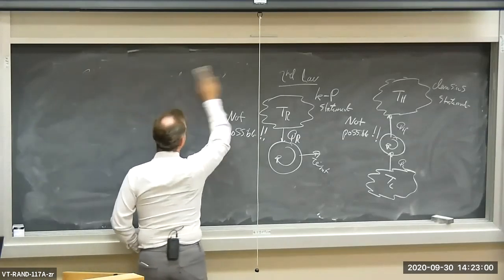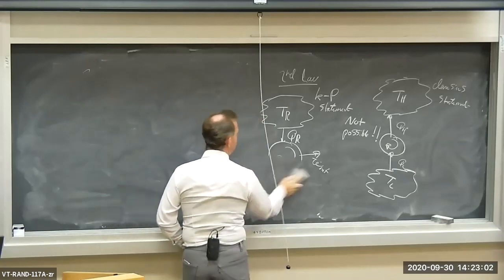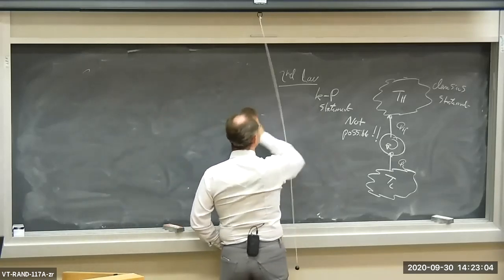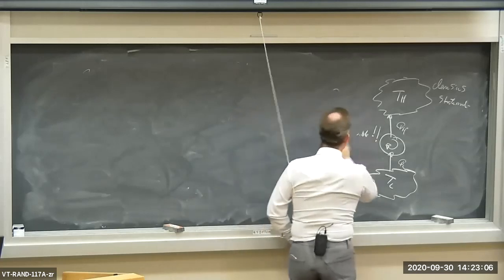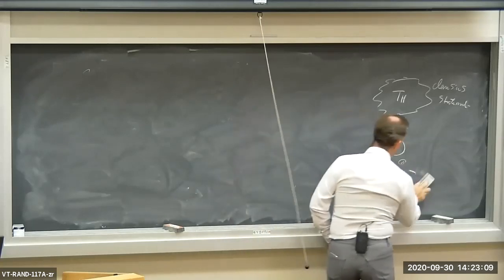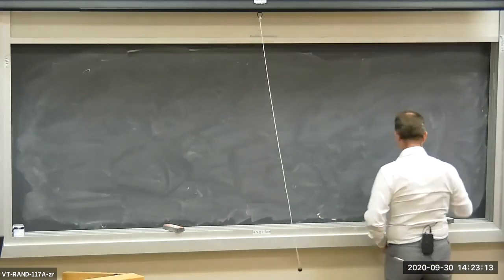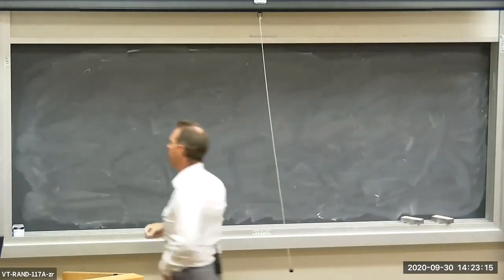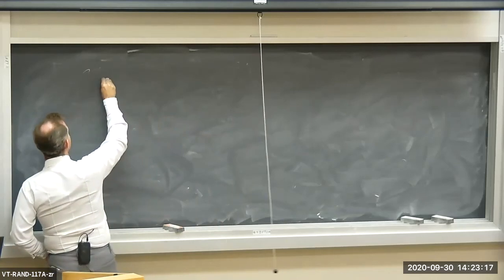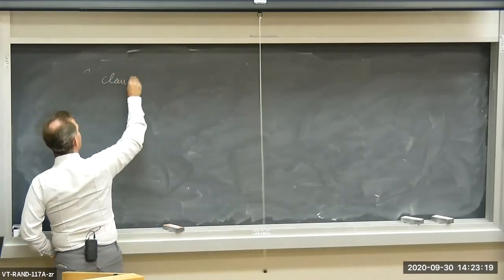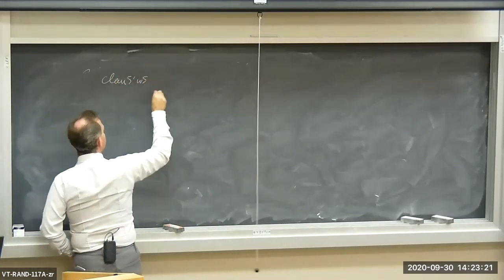we then decided to finish off by trying to get away from all these pictures, all these control volumes and reservoirs, into a single compact mathematical statement of the second law of thermodynamics. So that brings us to the Clausius inequality.